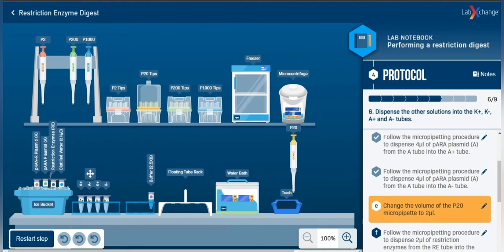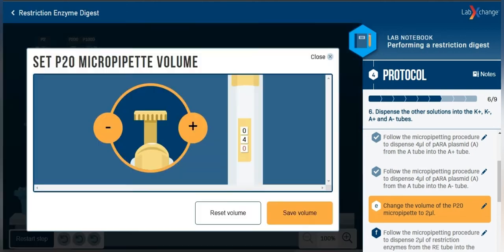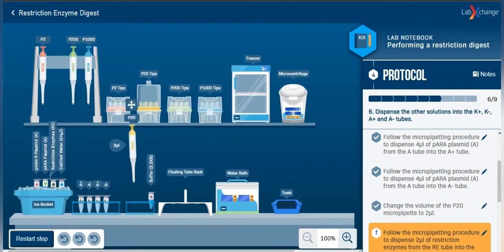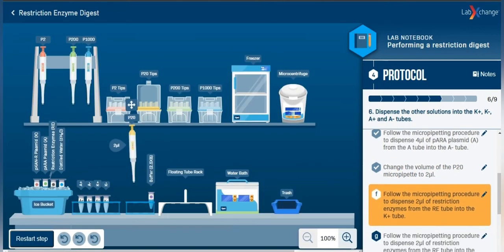Next, change the volume of the P20 micropipette to 2 microliter. And then follow the micropipetting procedure to dispense 2 microliter of restriction enzymes from the RE tube into the K plus tube.